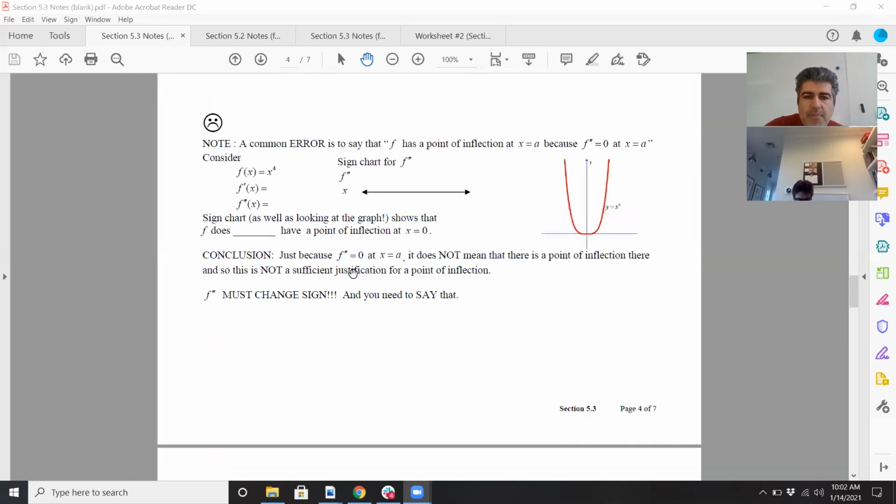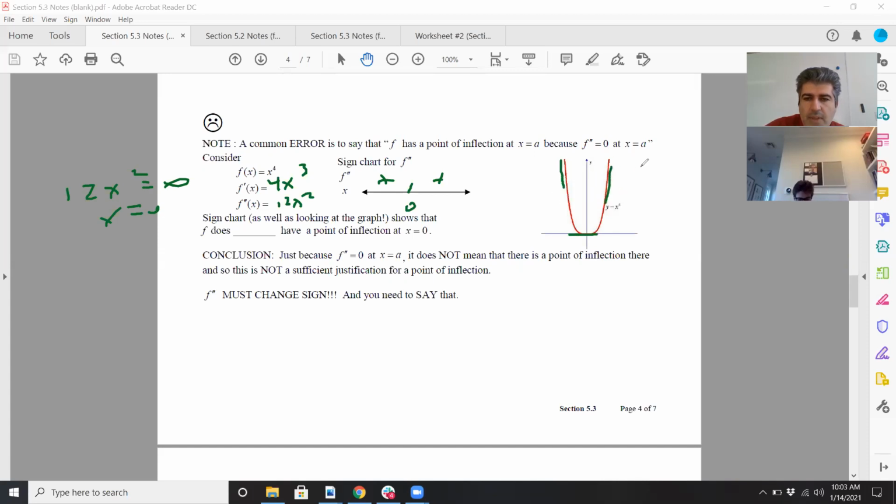And again, let's say we had x to the 4 power. 4x cubed is the derivative, second derivative is 12x squared. So when you set this equal to 0, you get x is 0. You do a sign chart for the second derivative, positive and positive before and after. And here's the graph.